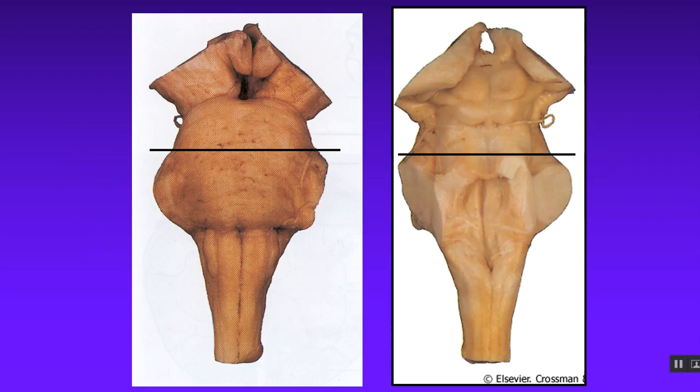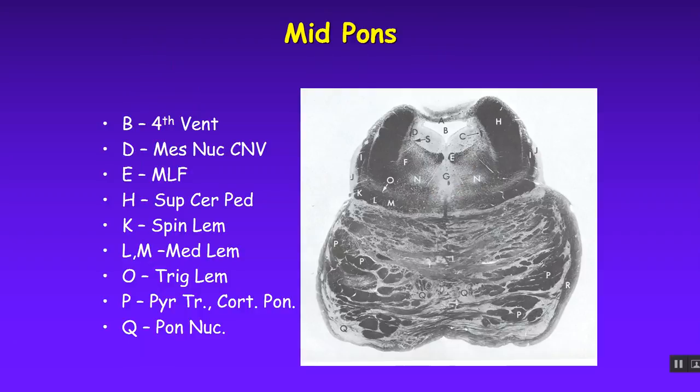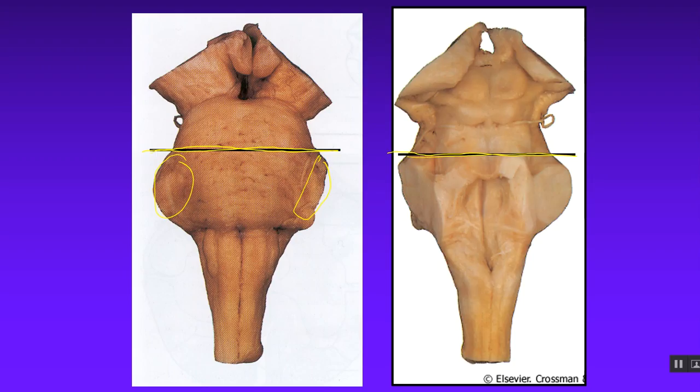So we're going to do a cross-section right through this area of the pons, just above the cerebellar peduncles. We've actually cut through the superior cerebellar peduncles, and we're looking straight down on top here.